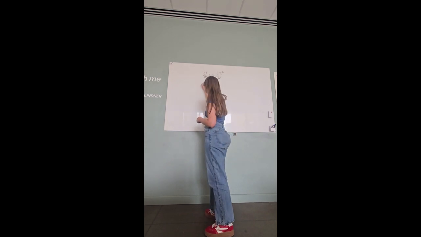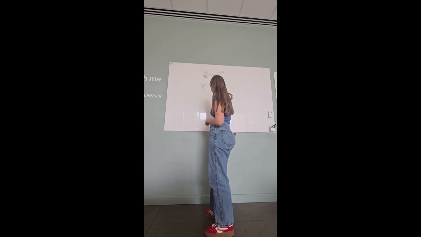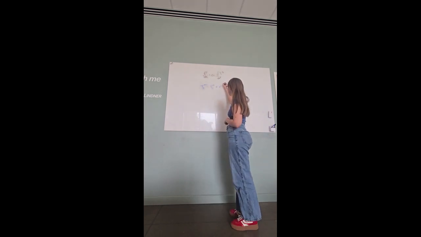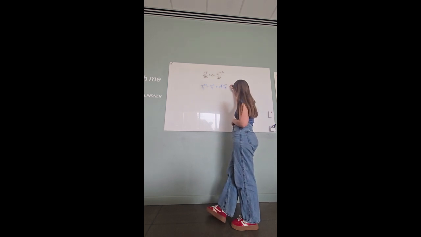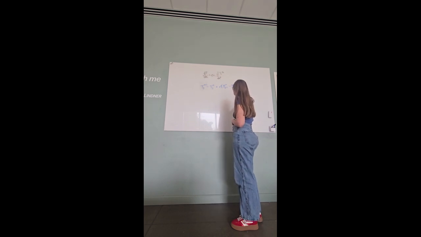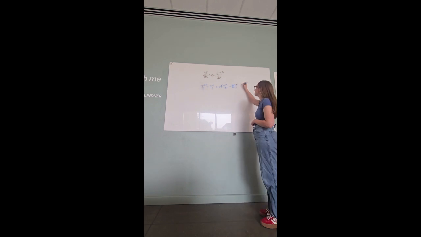T_j^(n+1) equals T_j^n plus R, and then parentheses, times T_(j-1)^n minus 2 times T_j^n minus T_(j+1)^n.